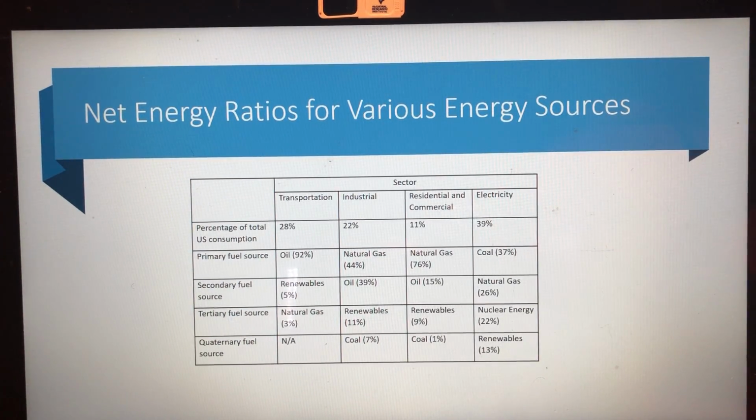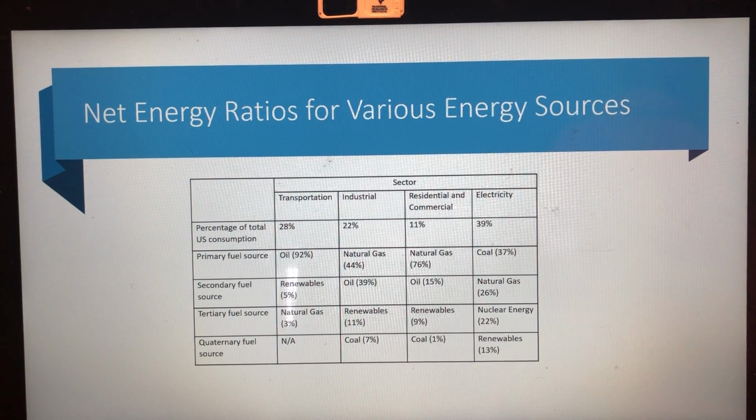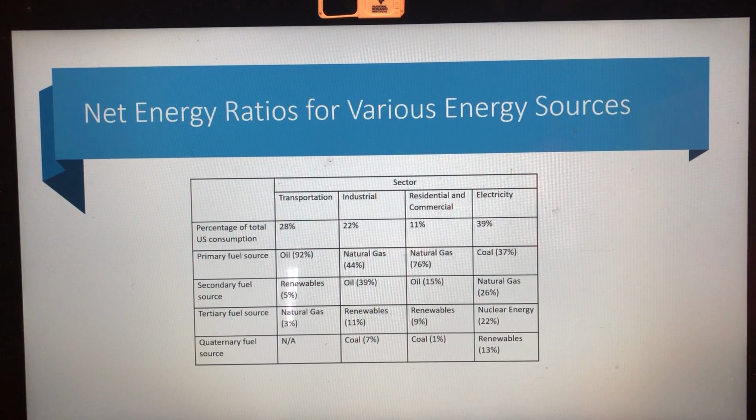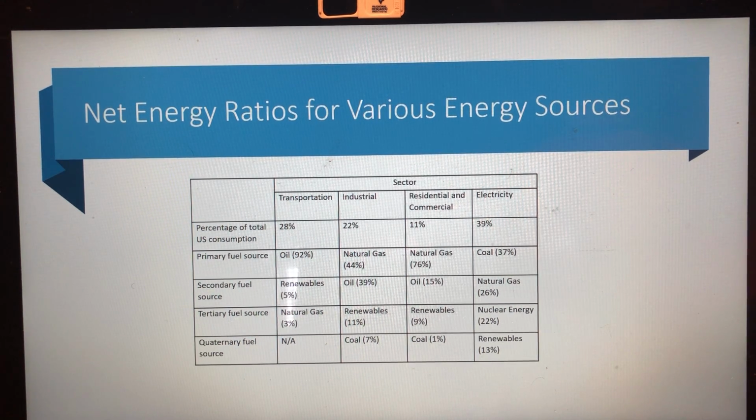In this slide, I show energy sources categorized in terms of which sector that energy is mostly used in. So we have four primary sectors where energy is used, and you see that oil is mostly used in the transportation sector, and that sector depends on oil 92% in terms of ratio.